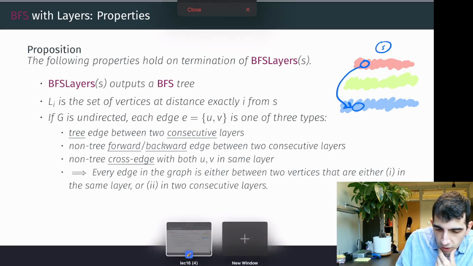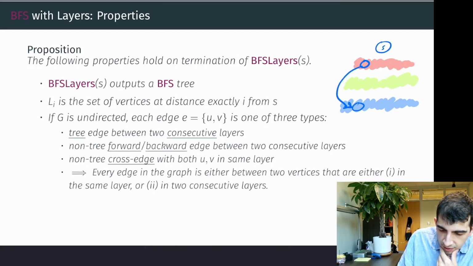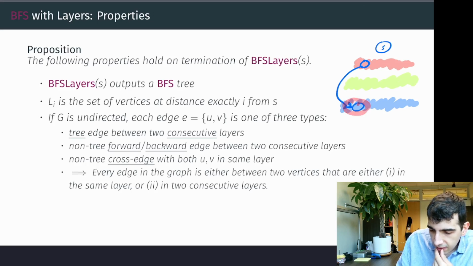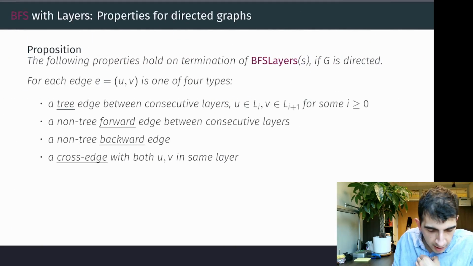Because if there was such an edge, like this, then this node should be in this layer, right? So you can prove this very easily by contradiction.